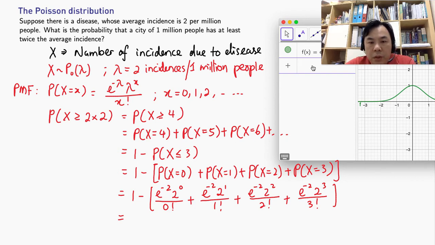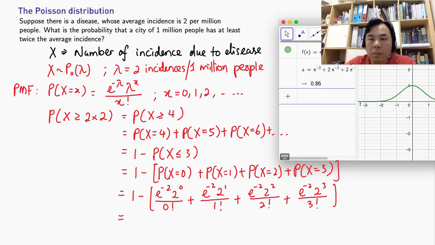For these calculations, the first one is just e to the power of -2, and then I'll have 2 times e to the power of -2, and also 2 times e to the power of -2, and finally 8 over 6, which is 4 over 3, times e to the power of -2.